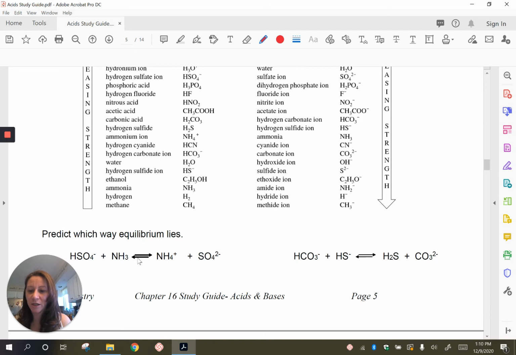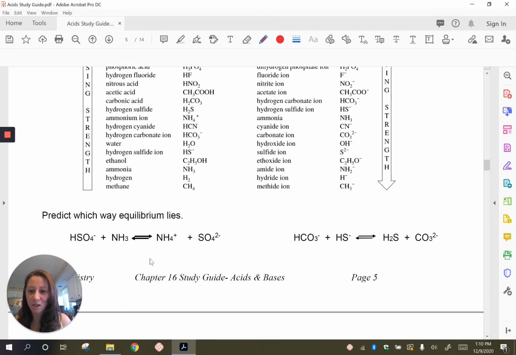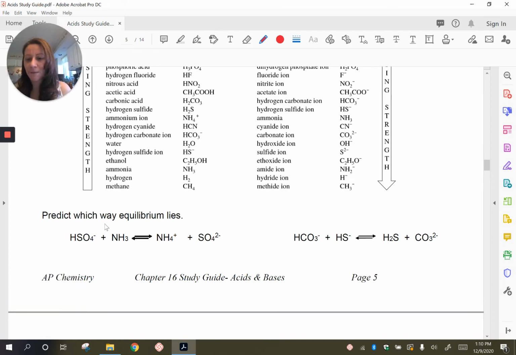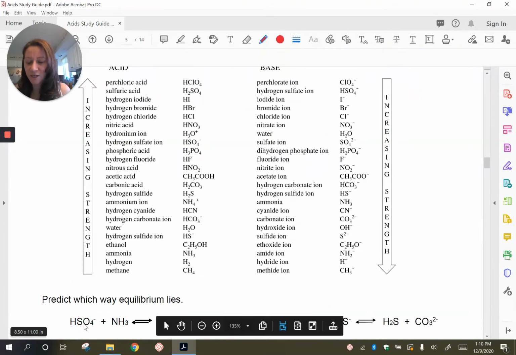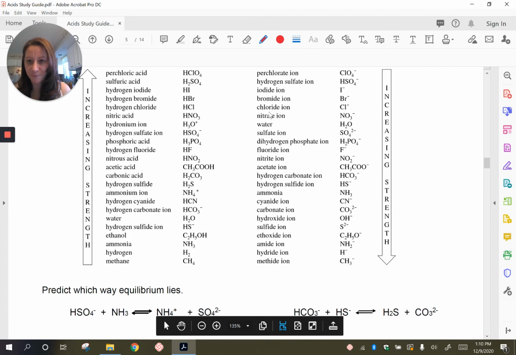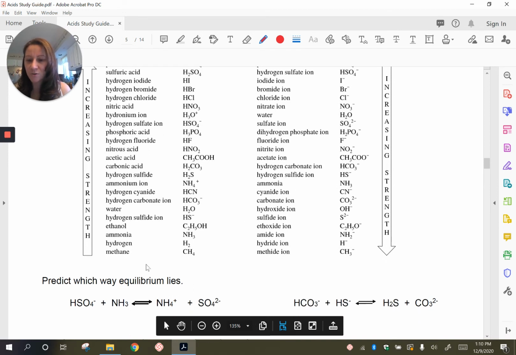So let's look at this here and try to tell which way the equilibrium will lie. And again, it will lie towards the weaker species. So what we want to do is find these species here.